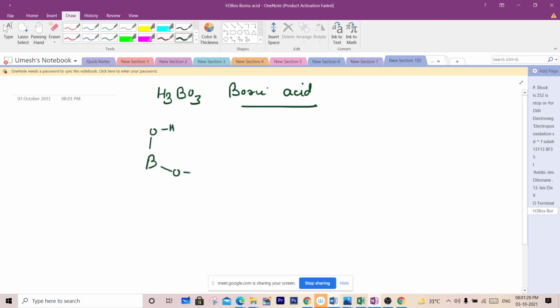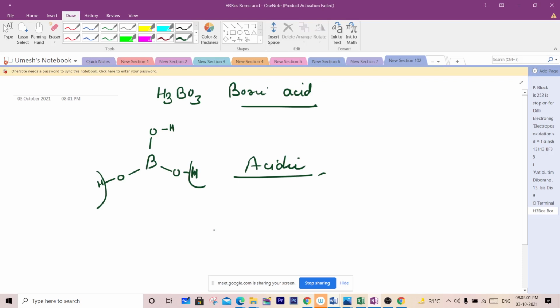It can give H positive ions, so I can say it is acidic in nature. How many H positive ions can it give? It can give 3 H positive ions, right?